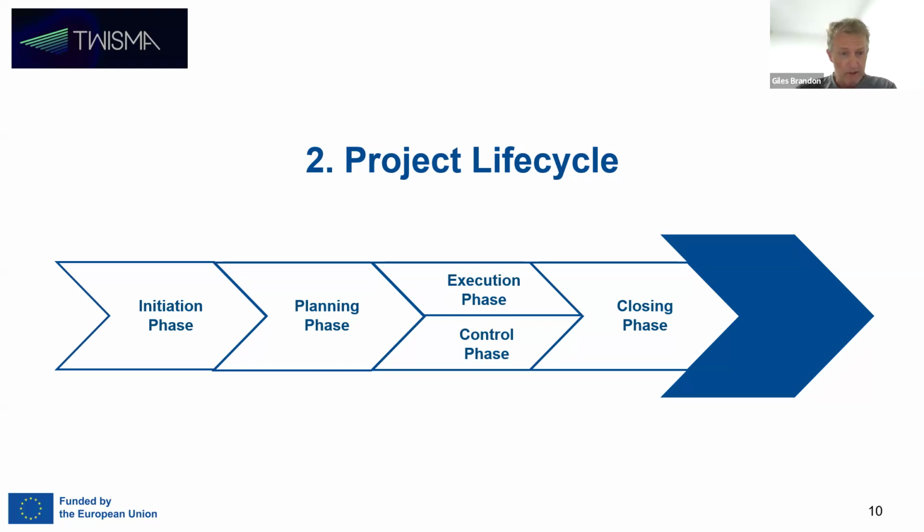What you notice with this figure is when you step from one phase to another, say from initiation to planning, I haven't got a straight line. I have this sort of hatched arrow. What I'm basically trying to convey is that when you go from one phase to another, it's not like from one day to the next you step from one phase to the following one. In fact, the reality is a lot of these phases actually merge into each other.